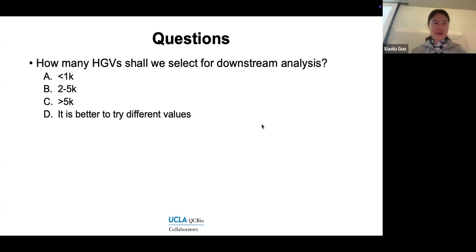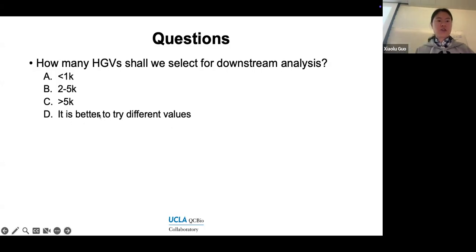Okay, so many of you chose B, and that's what we discussed last time. We also mentioned that it's better to try different values based on your purpose. For example, if you want to include some immune genes or cancer-related genes, and you only chose 2,000 or 5,000 and it doesn't include the genes of your interest, then you may change your value, and also you may look at some statistics.